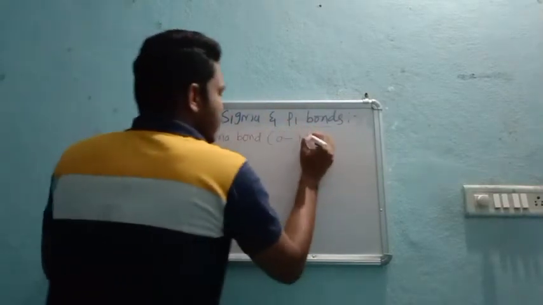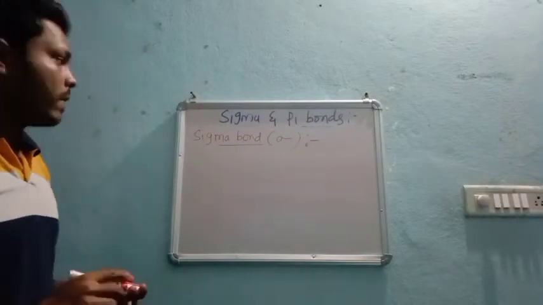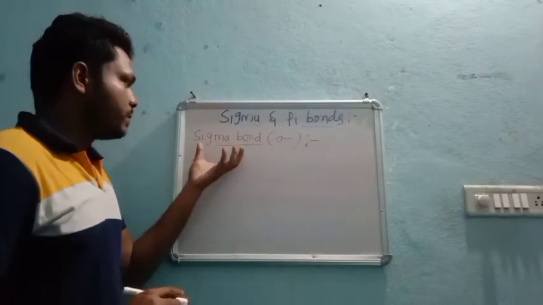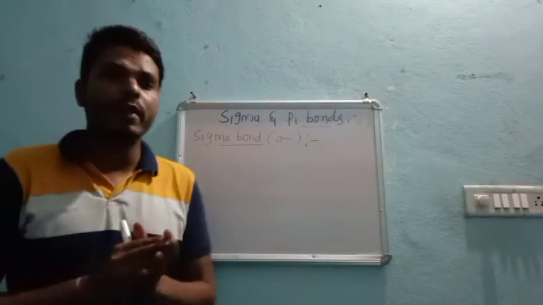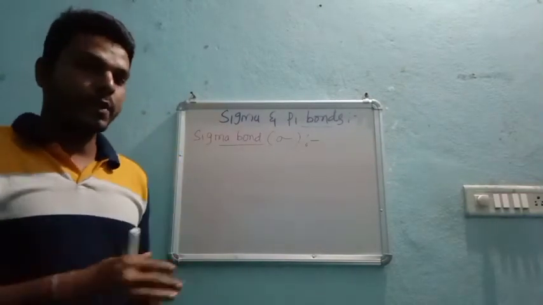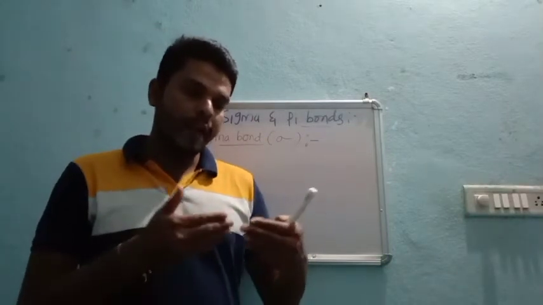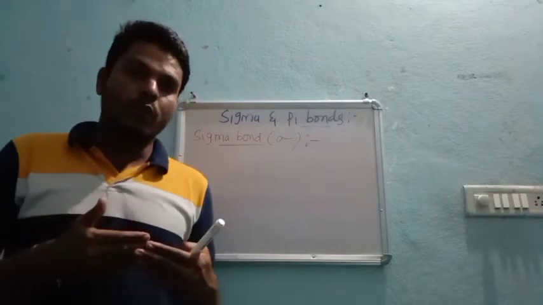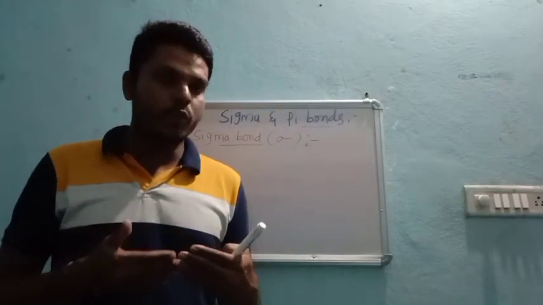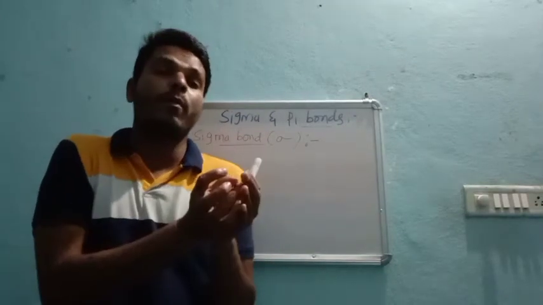A sigma bond is nothing but what we see when overlapping takes place. If one molecule reacts with another molecule, then between those two atoms overlapping takes place. That's why they form a bond.